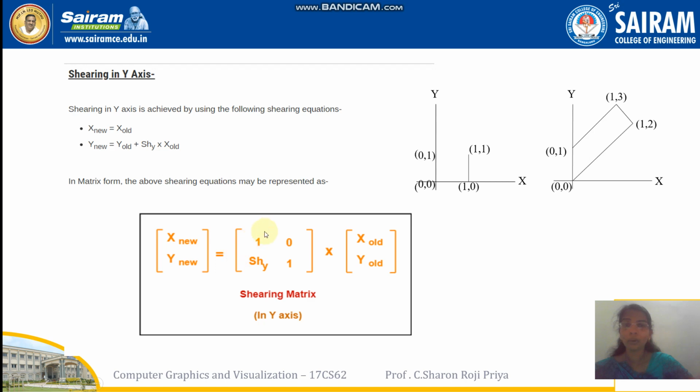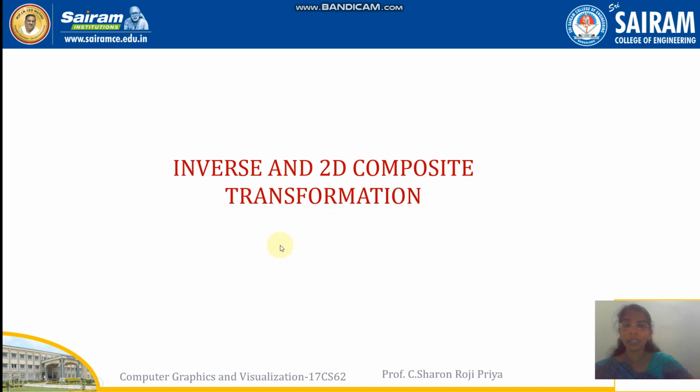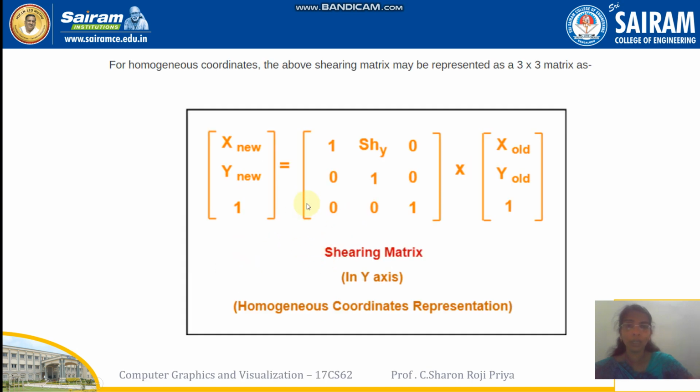Right, and now we can represent this 2D shearing in homogeneous form. Right, homogeneous form, you know, 2D values, I'll write in triplet value. So I have written a 3 cross 3 matrix for shearing along y-axis.